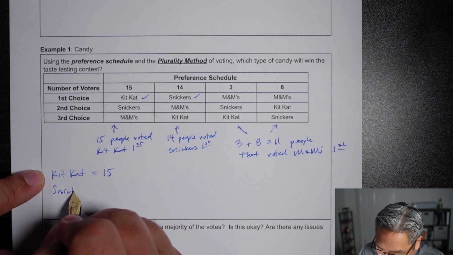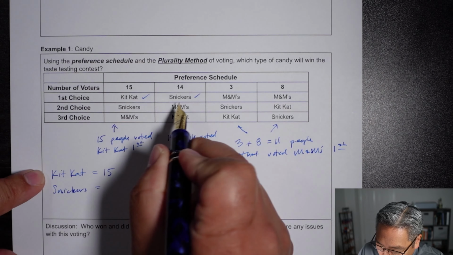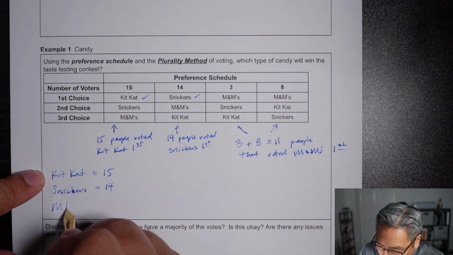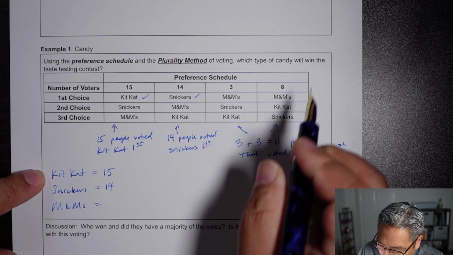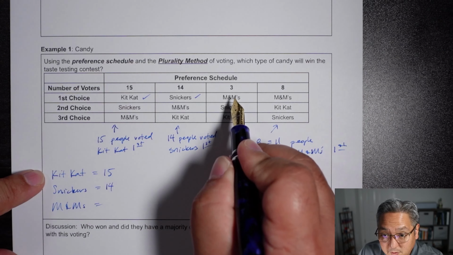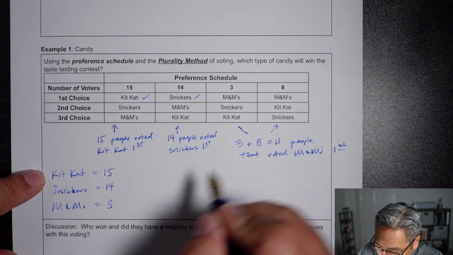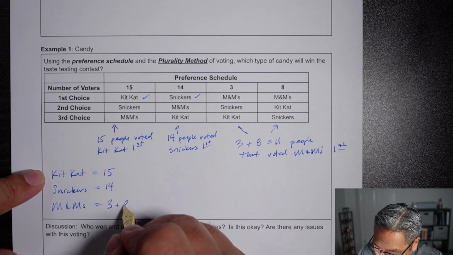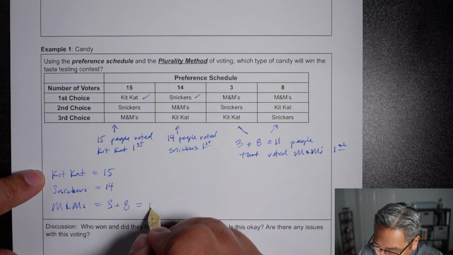Snickers: here's Snickers in the first place spot. There were 14 of those. M&Ms: M&Ms is in this first spot with 3 people. But then here's M&Ms in the first spot again, with 8 more people. A total of 8 plus 3 equals 11.